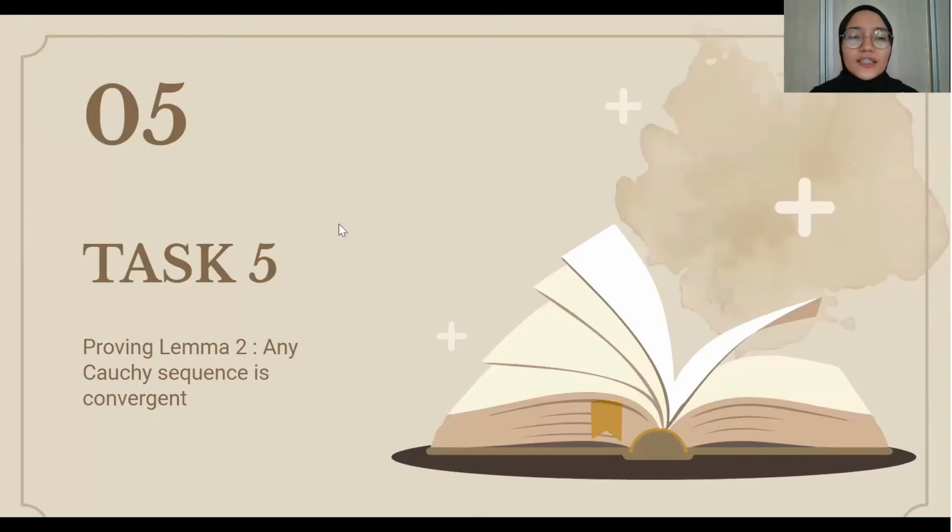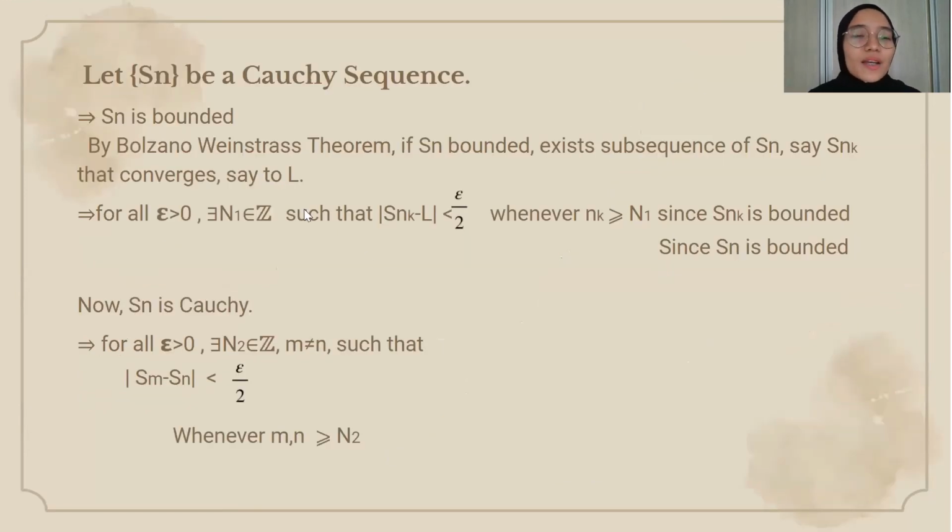So now for task 5, proving Lemma 2, where any Cauchy sequence is convergent. We let Sn be a Cauchy sequence, and Sn is bounded because Cauchy sequences are bounded.